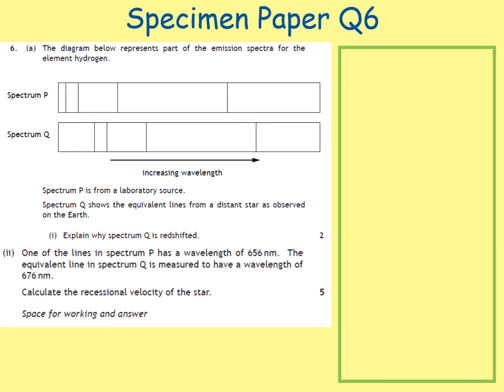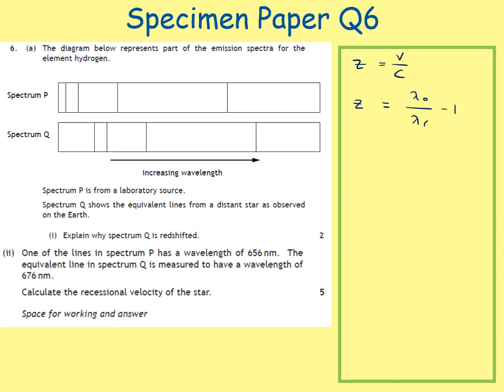Question 2. One of the lines in spectrum P has a wavelength of 656 nanometers. The equivalent line in spectrum Q is measured to have a wavelength of 676 nanometers. Calculate the recessional velocity of the star. So we know to calculate the velocity, we want to use the equation z equals v over c, but we don't have z yet. So we want to use the equation z equals our observed wavelength over our rest wavelength, minus 1.